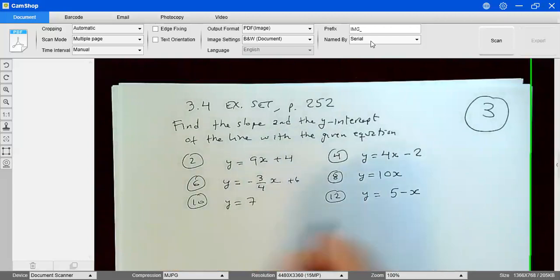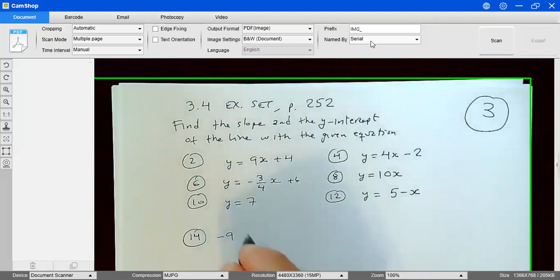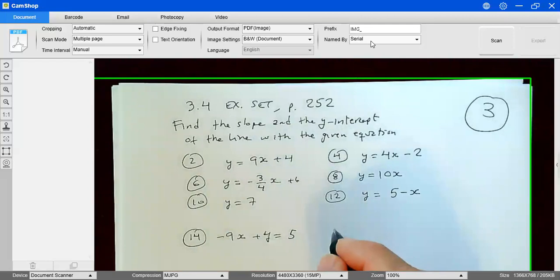But there is another set of problems where you need to rearrange the equation in the form that you're going to be able to see the slope-intercept form. So in these equations, you're going to be given in some cases, the standard form. So negative 9x plus y equals 5. So you need to arrange this to get y on the left-hand side only. The same thing with number 16. You have x plus y equals 8.